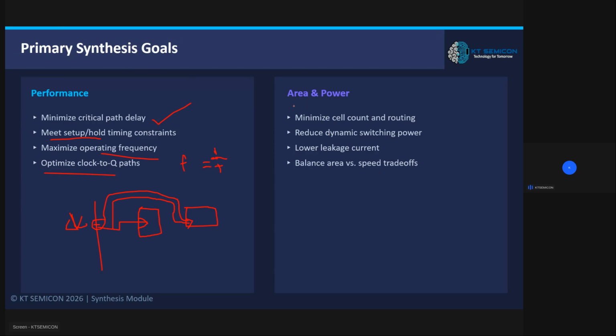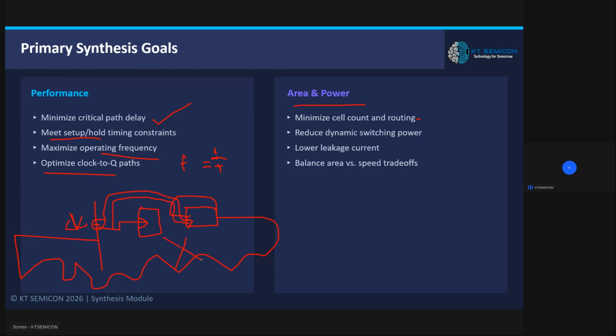For area and power concerns, we need to minimize cell count and routing. Instead of adding two cells for the same logic, we avoid using more cells. We have these two flops, and this is one path, and this is also a possible path for this flip-flop, but we cannot use this path.